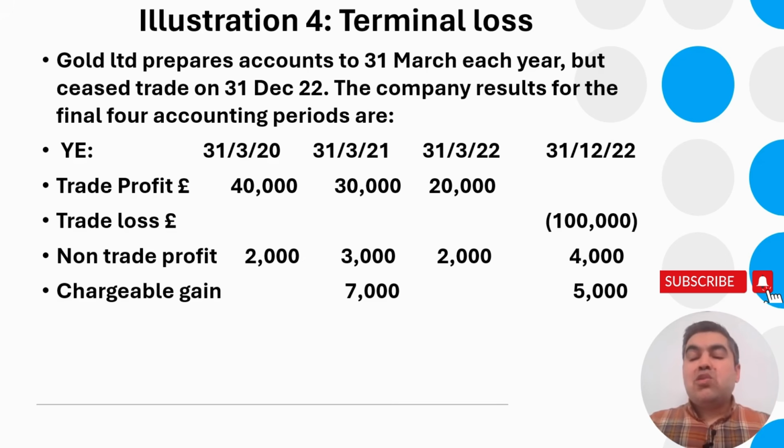If there were a loss for the accounting period to 31st March 2022, we could take 3 months of losses as well, because the rule states the final 12 months. But there's no loss for the accounting period to 31st March 2022. So we will just deal with the losses for 31st December 2022 and carry back to the previous 3 years. So it's very simple.